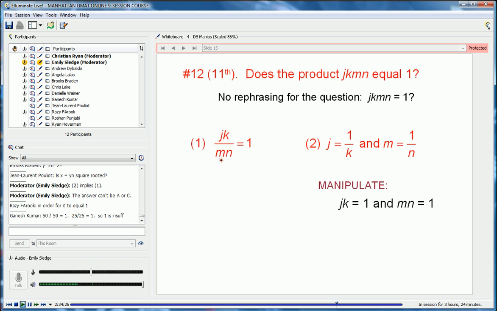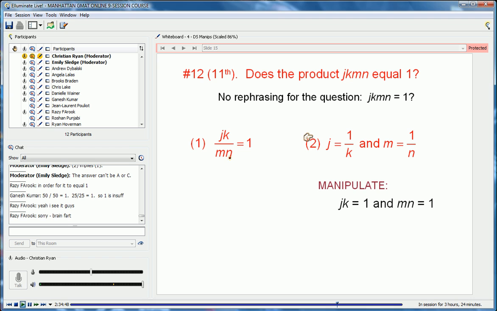Statement 1 actually allows for a lot more possibilities, as Ganesh is saying, 50 over 50, 25 over 25. With this one, you don't actually know anything about JK and MN individually. Yep, fantastic. Remember that both statements are your friends. They're both true.